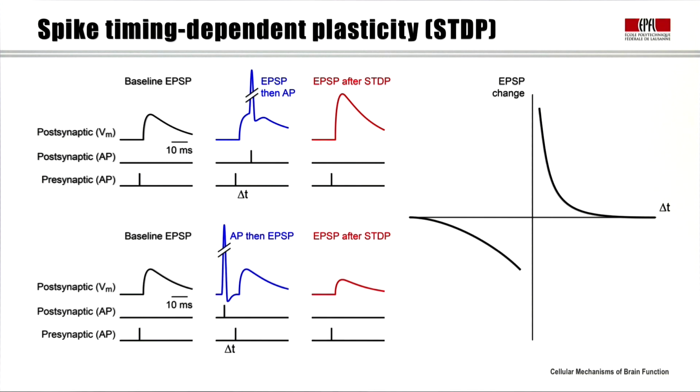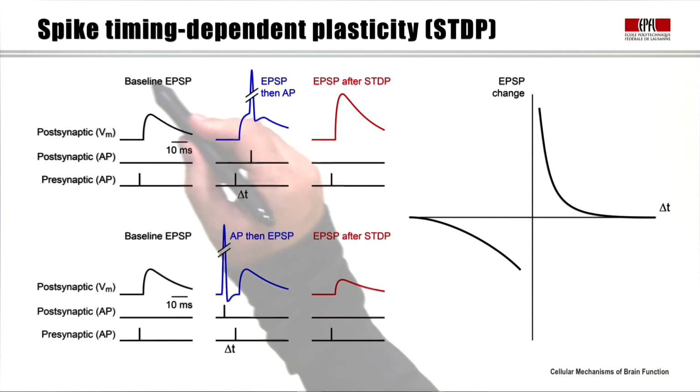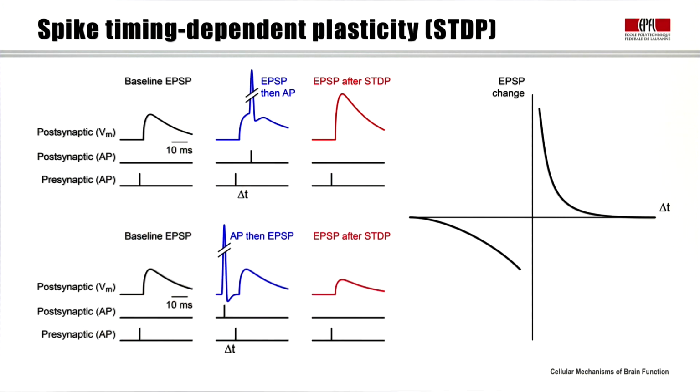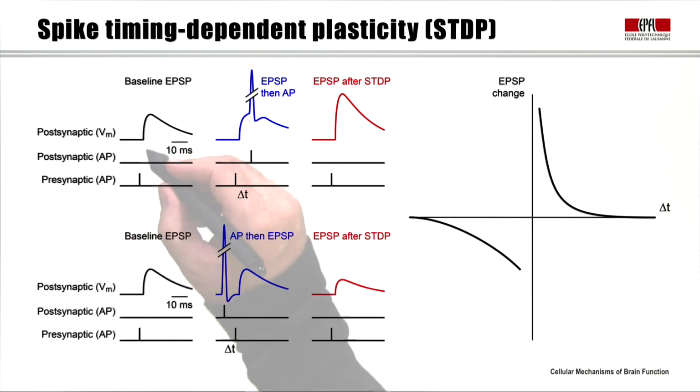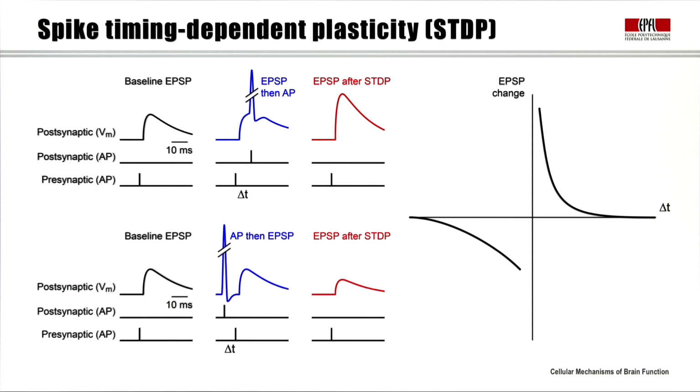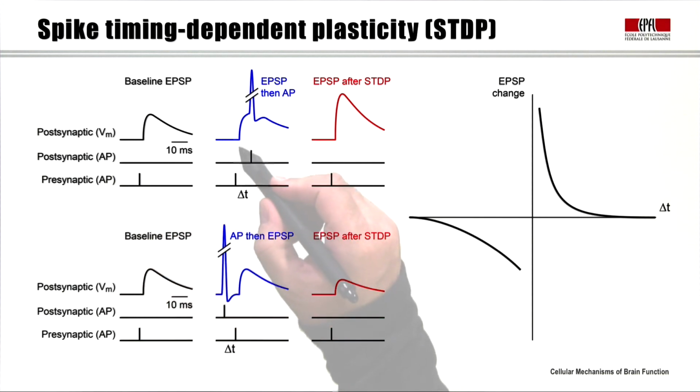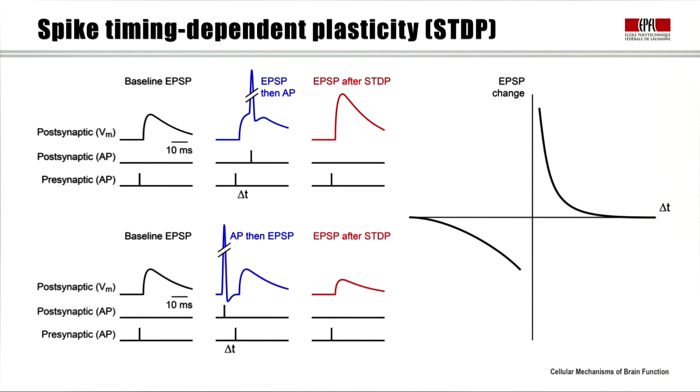In particular, what they found was that if we imagine a synaptically connected pair of neurons where we have an action potential in a presynaptic neuron, that then releases glutamate onto the postsynaptic cell, causing, of course, a unitary excitatory postsynaptic potential. They then began to inject currents into the postsynaptic cell at the same time that there was also a synaptic input.